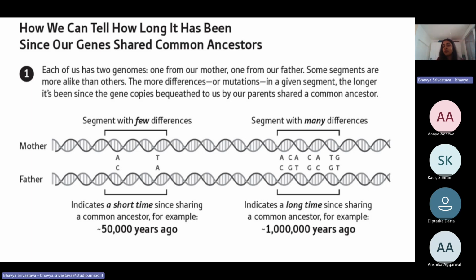Why? Because Australopithecines branched way earlier than the genus Homo did, and then when we go ahead in the history of the genus Homo, that's when Homo sapiens, Homo neanderthals, Denisovans, erectus, habilis branched off. So the differences between a Neanderthal and a Homo sapien will be quite less when compared to the DNA of an Australopithecine and a modern human.